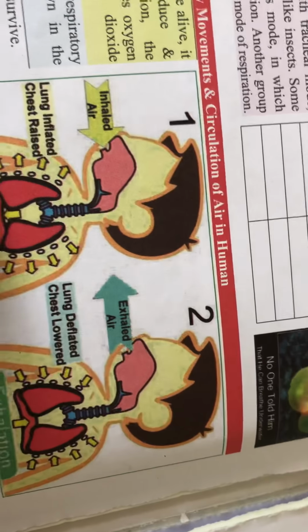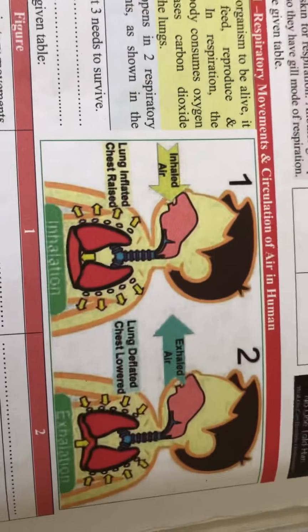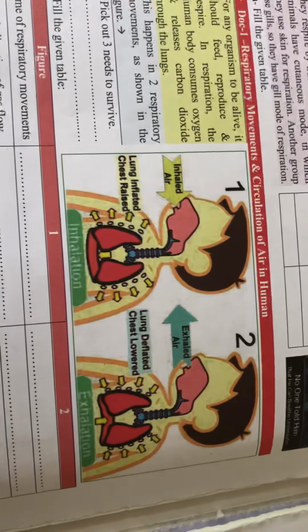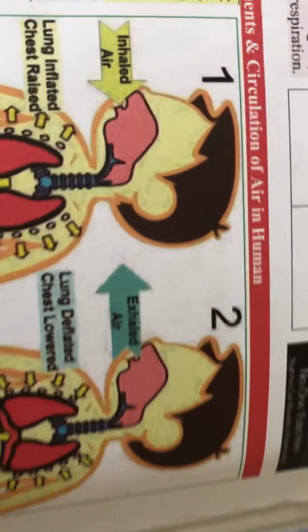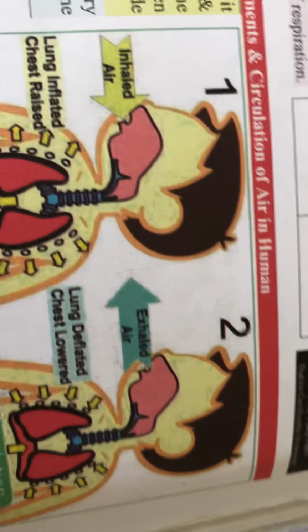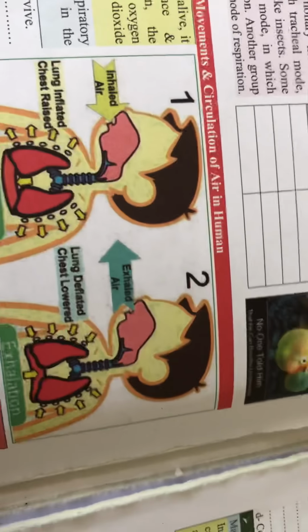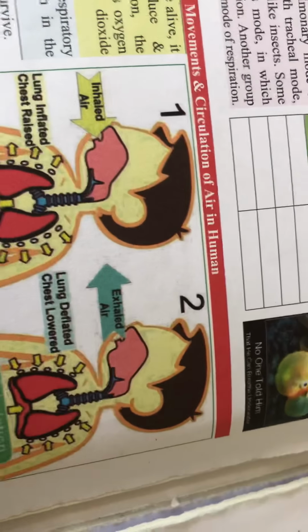Your chest during inhalation is raised. If you take air inside, you realize that your chest goes up. However, during exhalation, your chest is lowered. Why? Because during inhalation the lungs are inflated, filled with air.